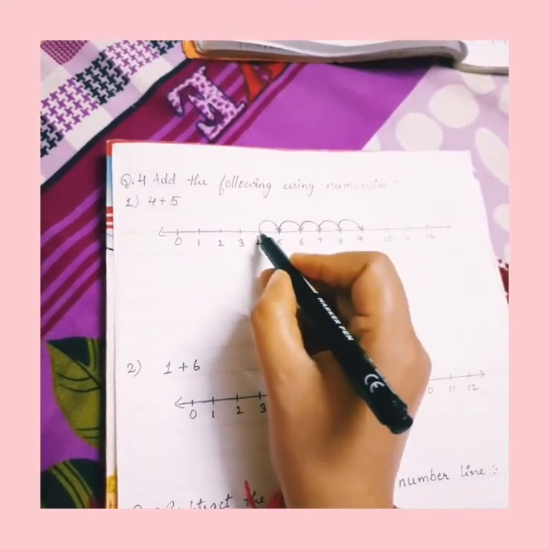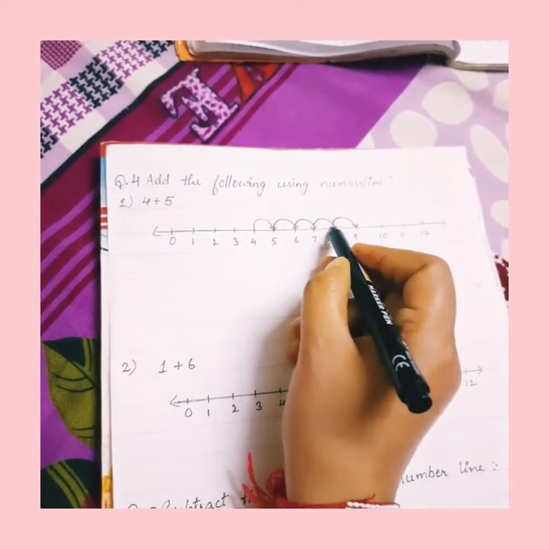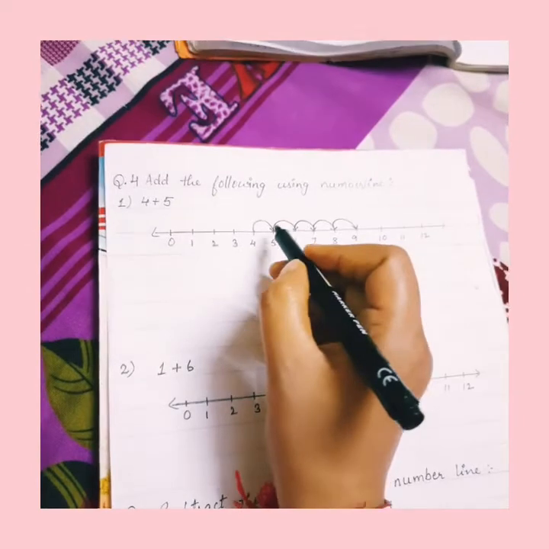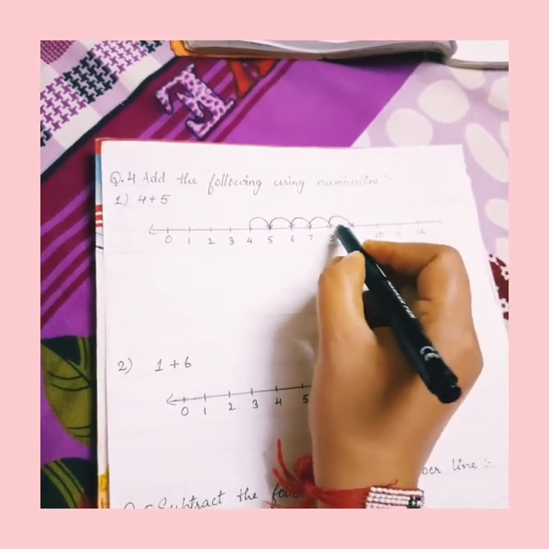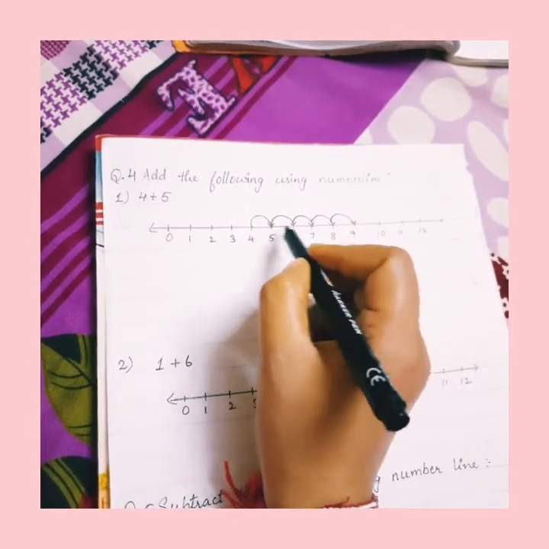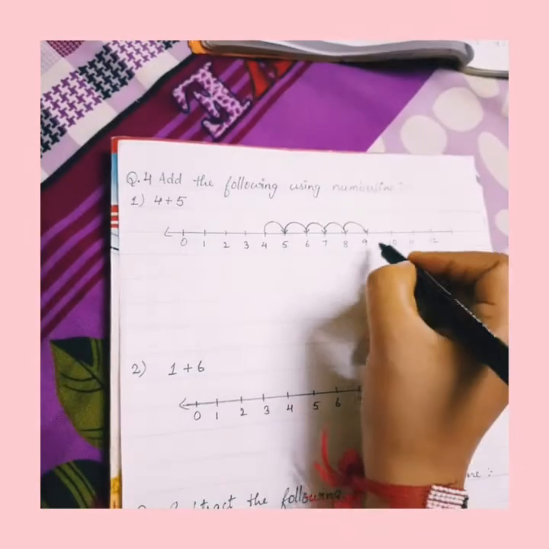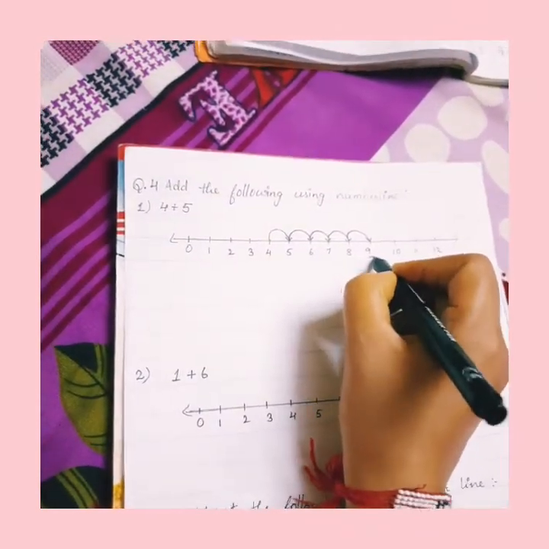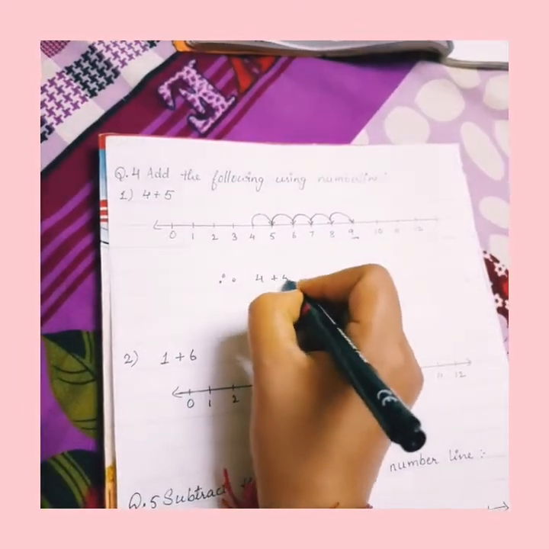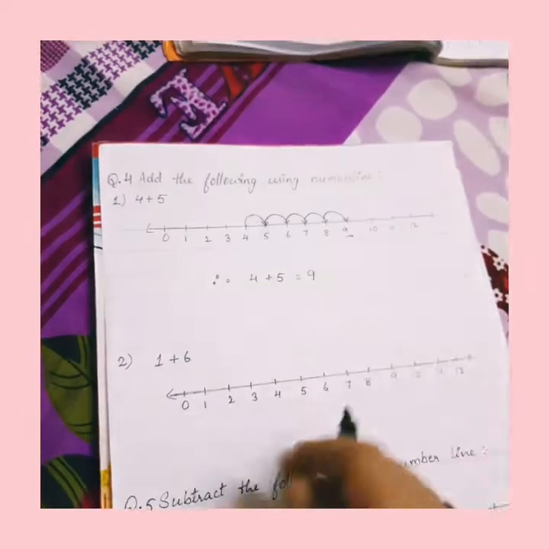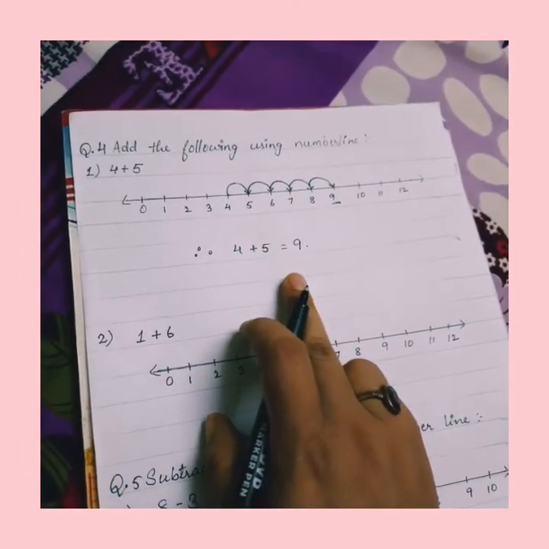So how many turns are there? 1, 2, 3, 4 and 5. That means I have added 5 turns to 4. So where am I reaching? I am reaching up to 9. That means 4 plus 5 gives me 9. Okay, so this is the way you have to do the addition on the number line.